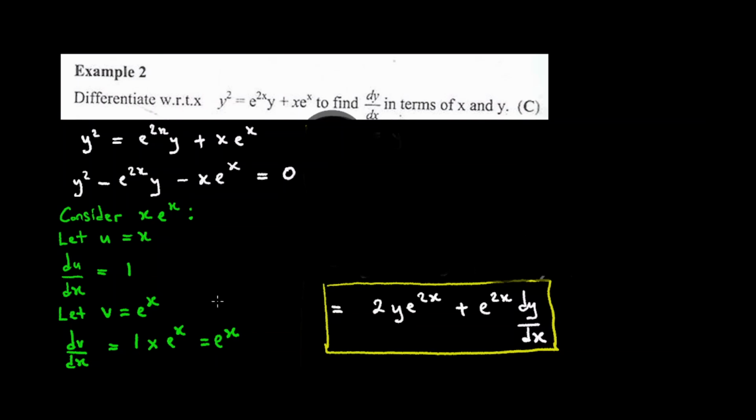Which then means panapa tengeta kuti, therefore we know that duv dx is equal to totangana v e to the x and that is v iri multiply du dx 1 plus tozoenda pana u ndian u ndi x iri multiply dv dx, which is e to the power x, like this.